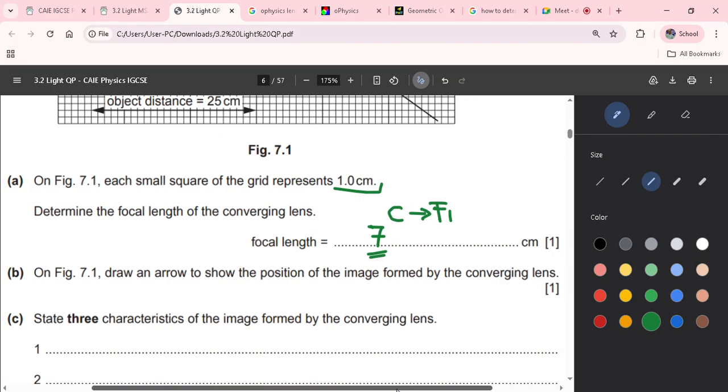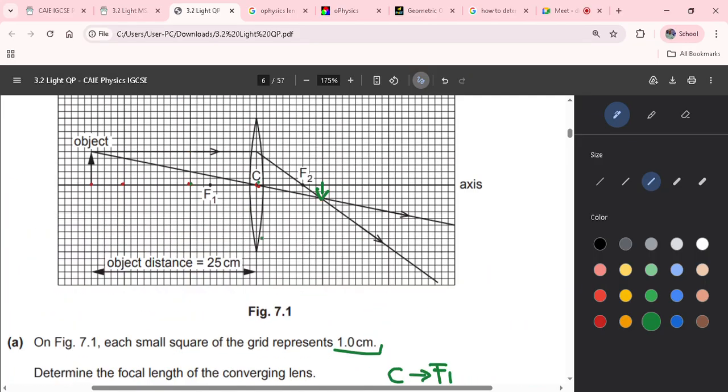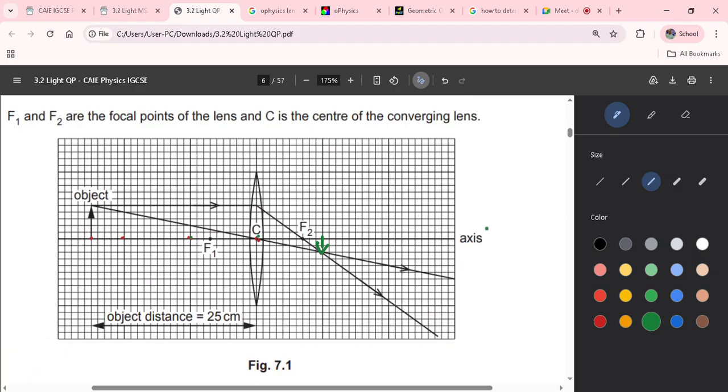The next one. On figure 7.1, draw an arrow to show the position of the image formed by the converging lens. So this one is the converging lens, like a thick one, yeah. But the diverging lens is like this. Diverging is like this.